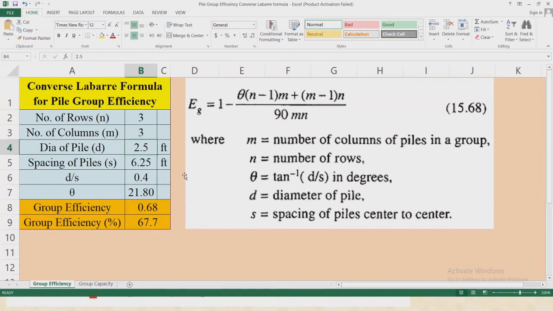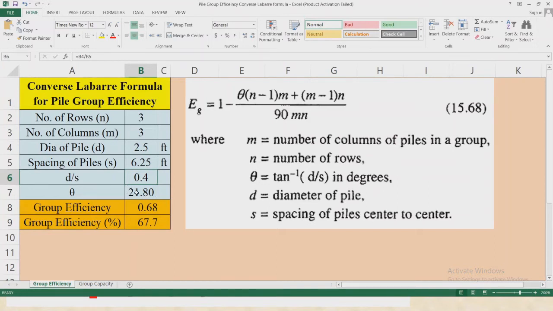The spacing of piles is 4 feet, but if it is not given, then I have a very simple correlation for bored piles: if the diameter of the pile is, let's suppose, 2.5, then the diameter multiplied by 2.5 gives us the spacing of piles. So this is equal to 6.25. D by S will give us a value of 0.4.